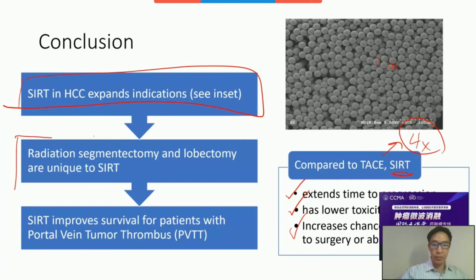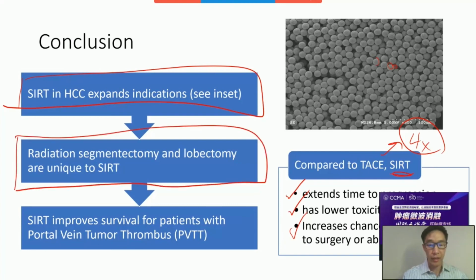I hope that you've also been able to appreciate that this technique of radiation segmentectomy and lobectomy are unique to SIRT and provide another ablation option for those patients with poorly defined tumors or complex locations of tumors that you may not be able to perform effective percutaneous or laparoscopic ablation on.